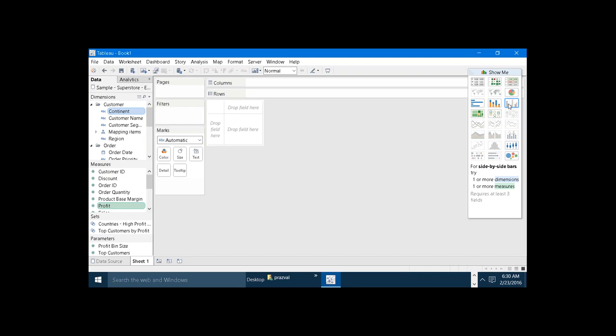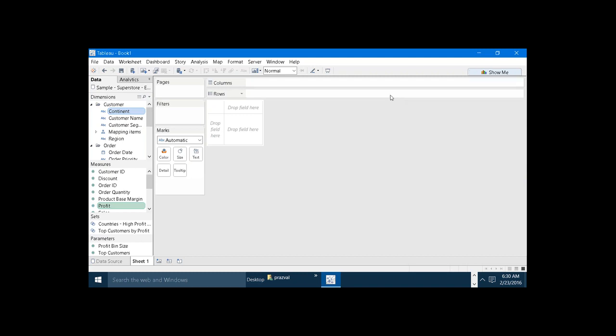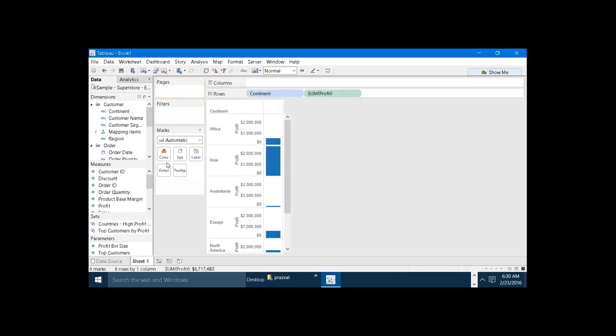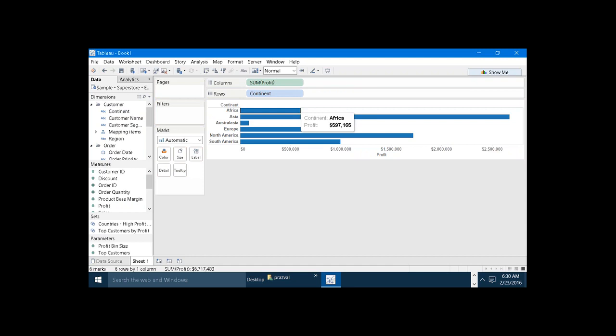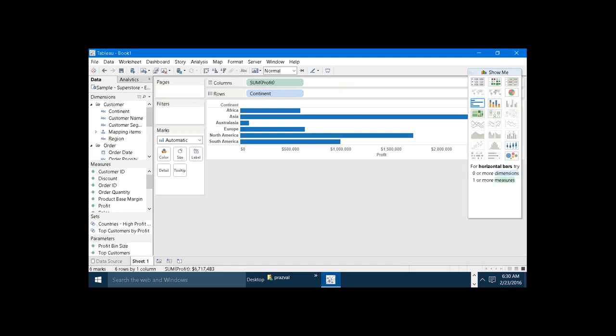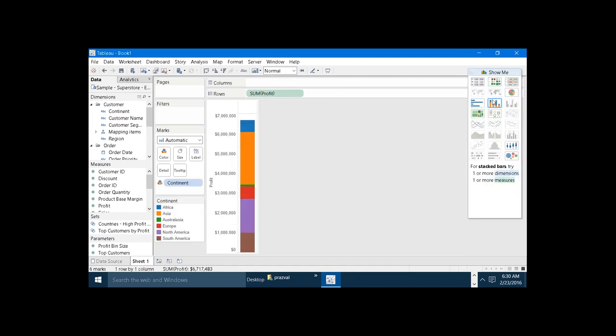So let's try to build these three types of chart. I'm taking continent and profit. You see here, by default Tableau is building the side-by-side bar chart. If you want to convert that into a stacked bar, just click on stacked bar. Stacking means grouping, so Tableau will group individual bars into one single group.